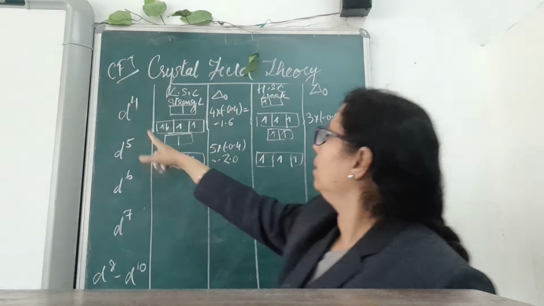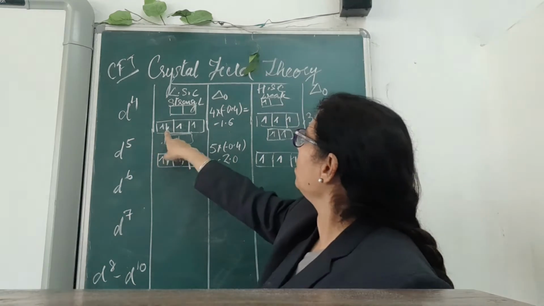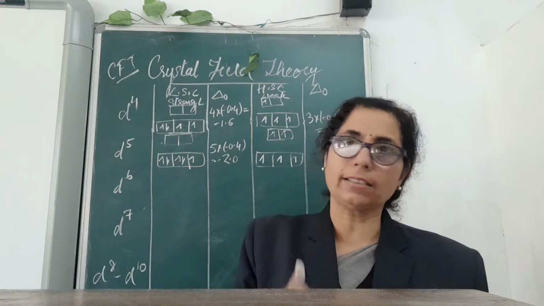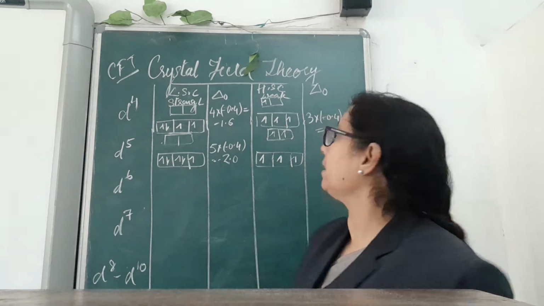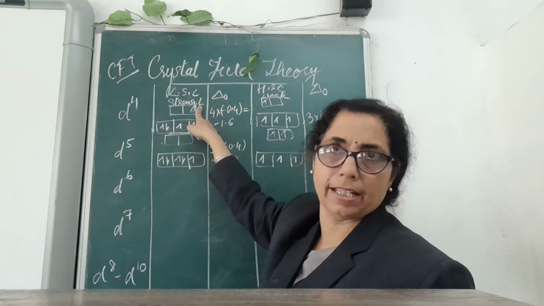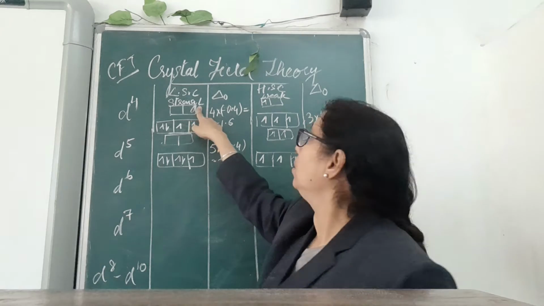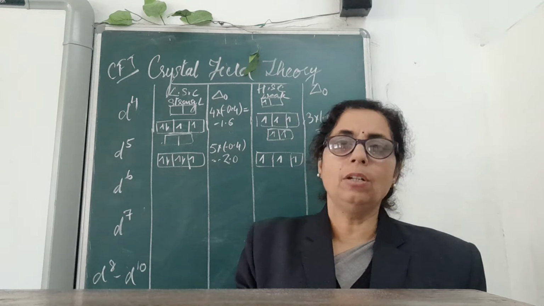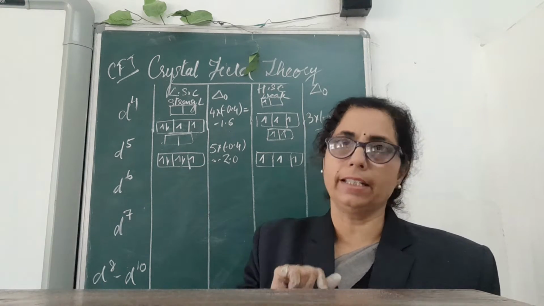As I told you, it depends upon the type of ligand attached to that central metal atom. If the ligand is strong, then you call it a low spin complex. Low spin complex when a strong ligand is attached.